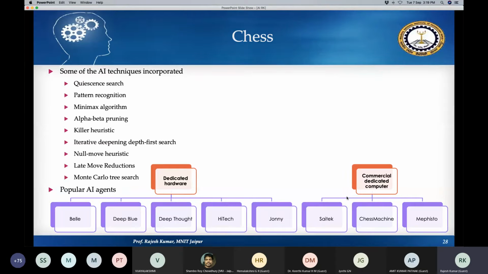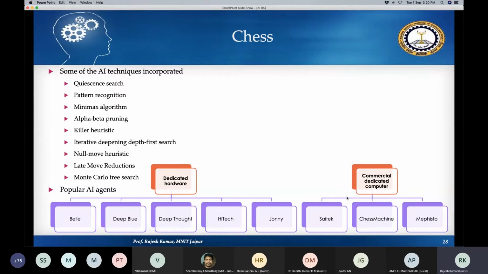Another one is chess, which is again a challenging domain to check how your computer and machine perform if they play with each other. So these are the various methods people have used to develop AI techniques so that a computing system can beat humans.